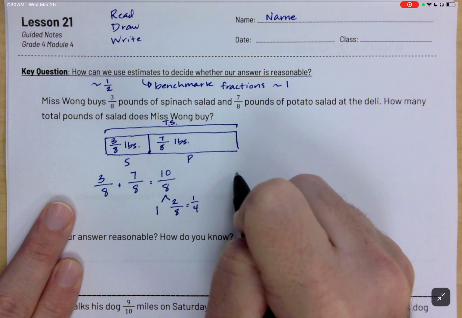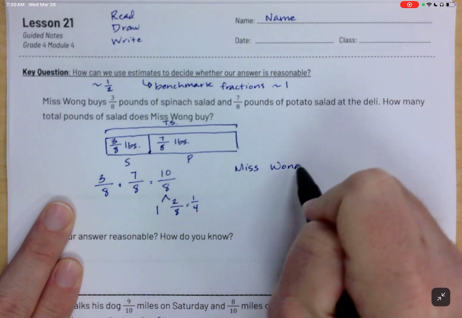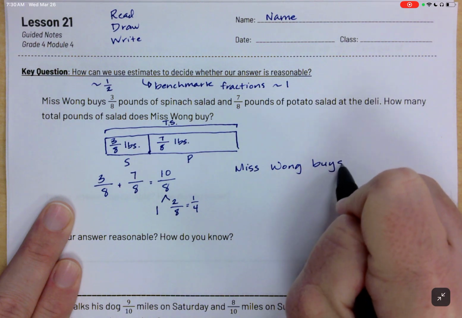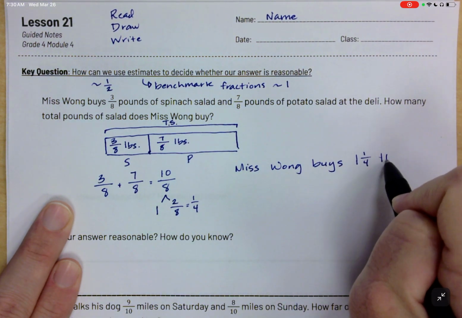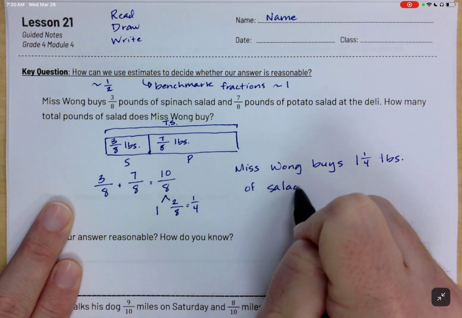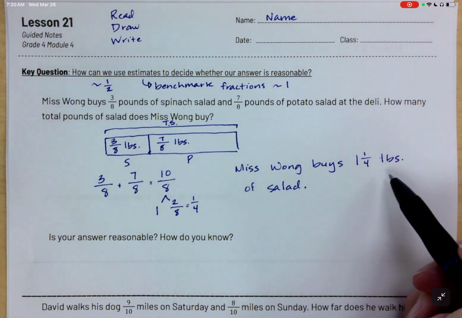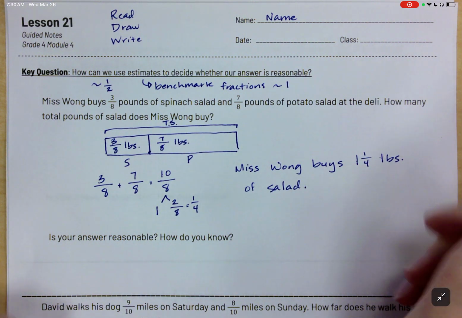And so let me write my answer. Miss Wong buys 1 1/4 pounds of salad. And, aha, my answer is in fact exactly between 1 and 1.5 pounds.